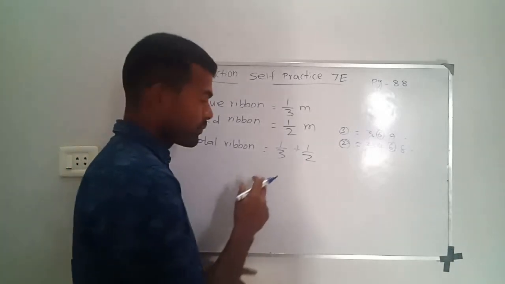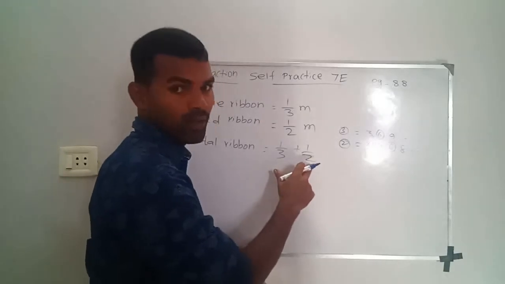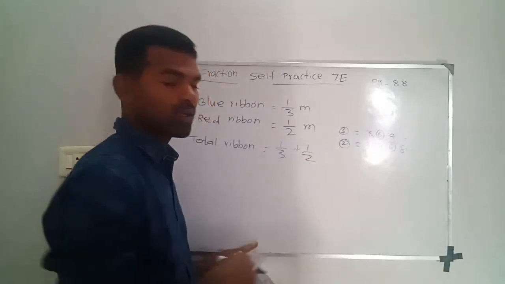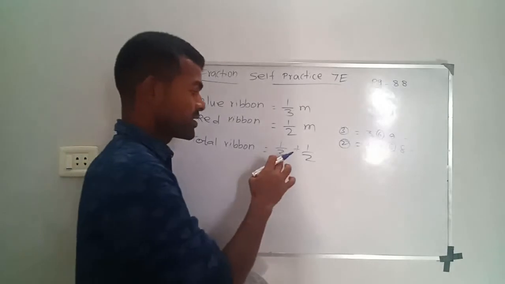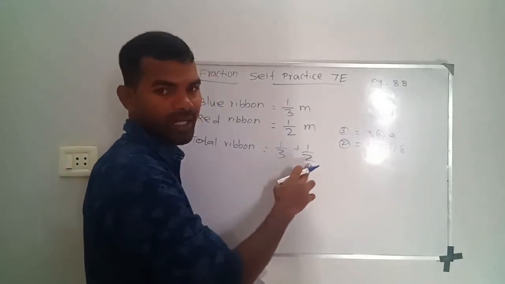So instead of 3 you have to convert to 6, and instead of 2 also 6 must come. How can we change it? 3 multiply 2, 6, and 2 multiply 3, 6.